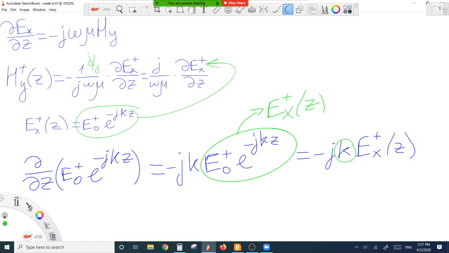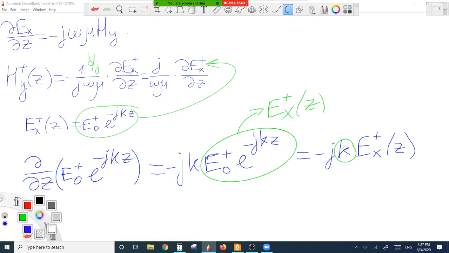Okay, please don't be confused. Here k was a wave number, a constant of the wave. K is not a complex number. Don't be confused.